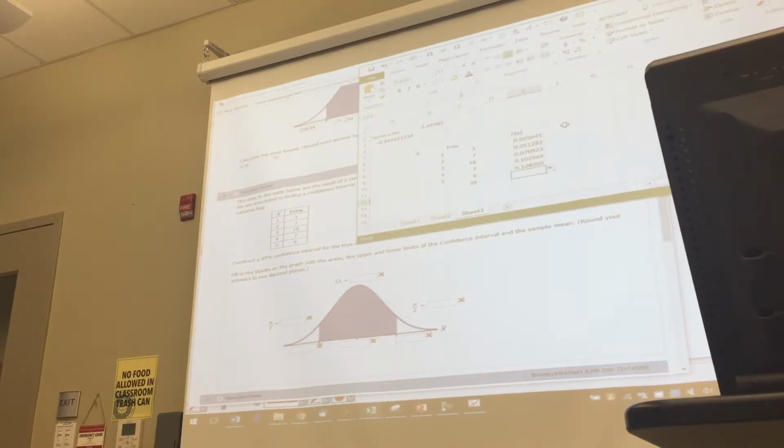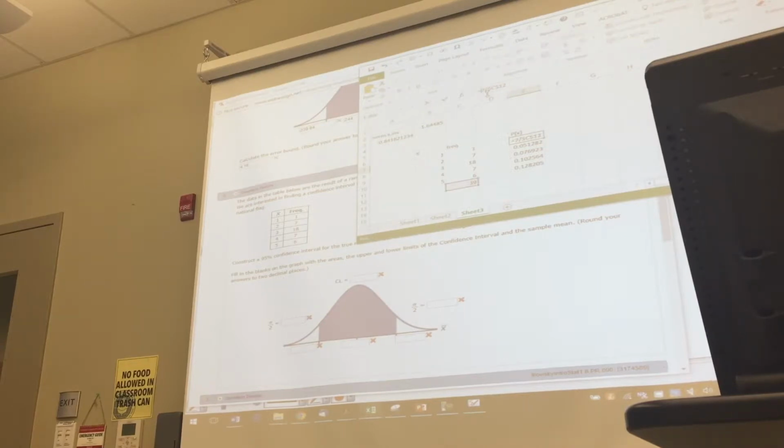So if I add this up, what do I get? Okay. Probability should always add up to 1. Is it X or was it you multiplied by the frequency? Yeah, it's the frequency. I clicked on the wrong box.